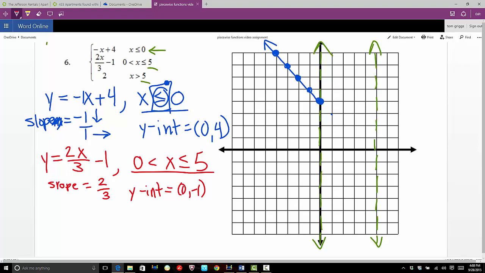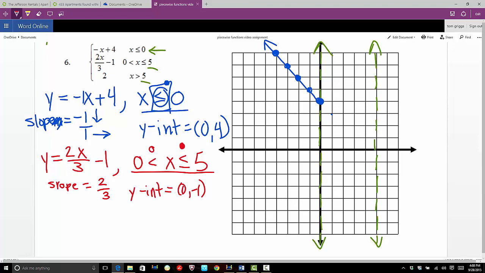One thing we want to keep in mind, because of these inequality symbols, we're going to have an open dot right here because it's not an or equal to, but we're going to have a closed dot right here since it is or equal to.